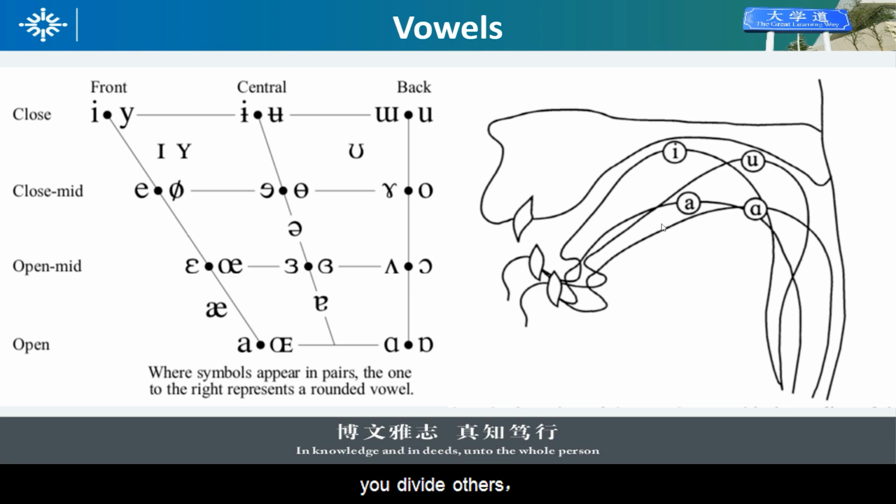And then you divide others and arrange others properly. So the right illustration here tells you how to locate the very essential vowels to make the first step of the location. And then you learn others accordingly. So the back vowels include oo, and you lower your tongue in this process, to o.